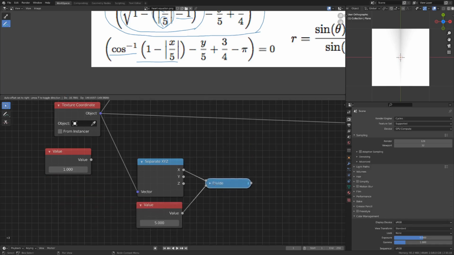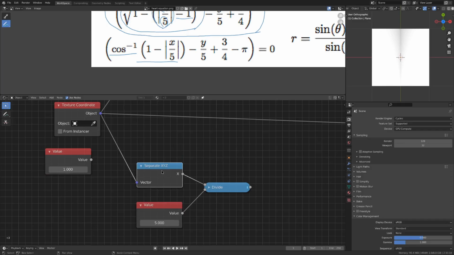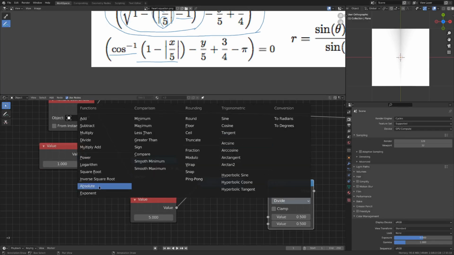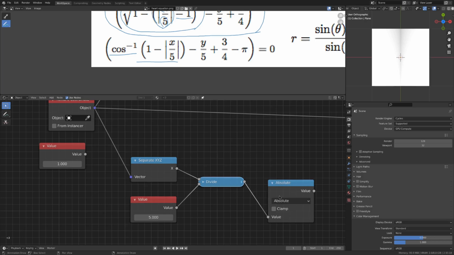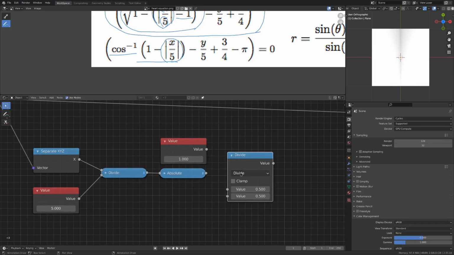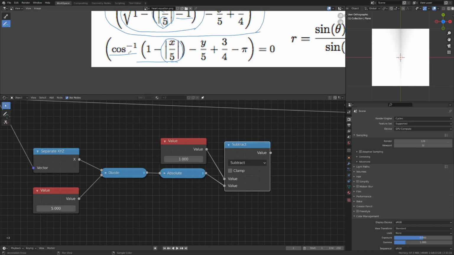Okay, x over 5, and this is absolute. So x over 5 absolute here, and subtract with 1. So we are going to make another math node. Subtract that. Once we subtract that, this thing is going to be inverse cosine.